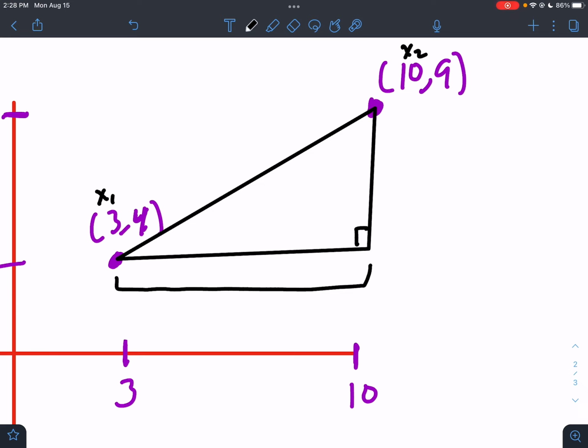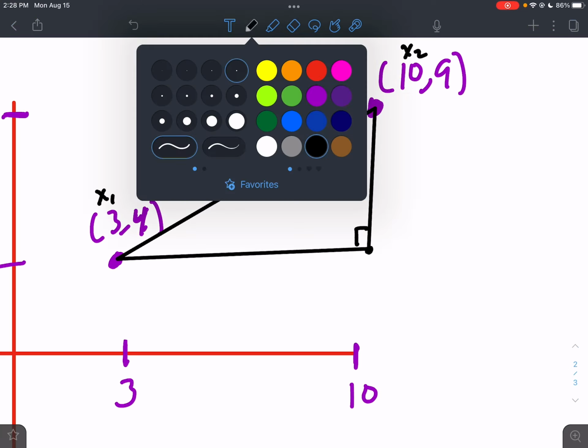I know how far apart that is. I know that if I drag it down here, this would be 10, 4, a height of 4. The x's start at 3 and end at 10. That means we've traveled 7 units horizontally. How about vertically? Let me get a different color in here real quick.